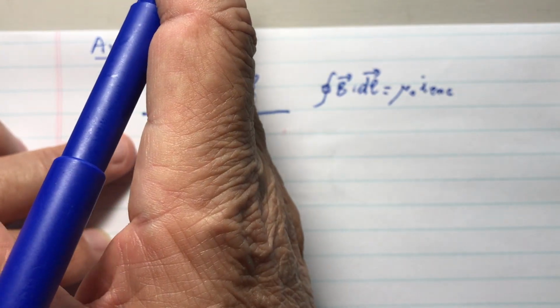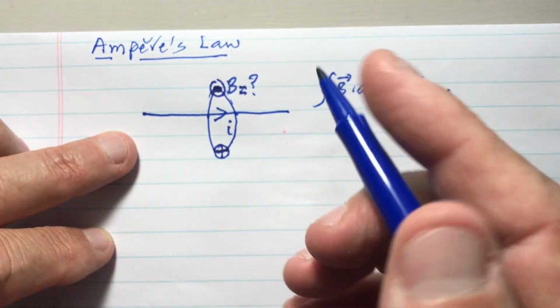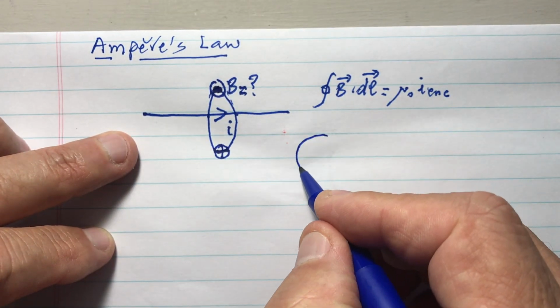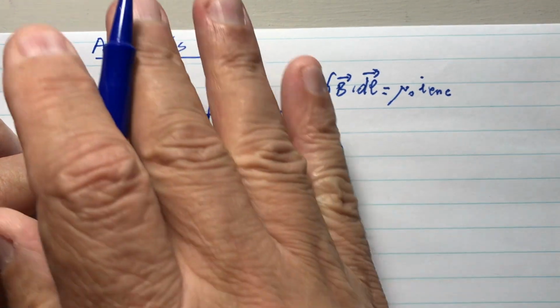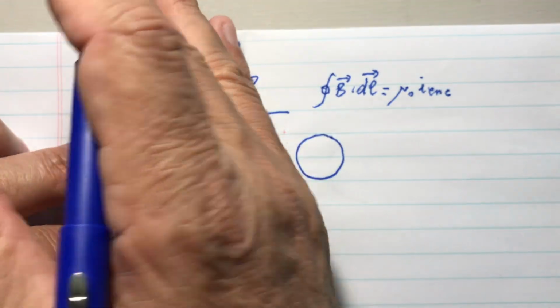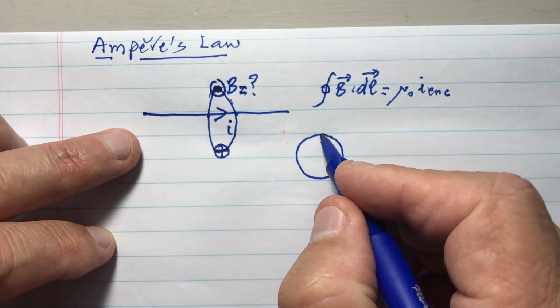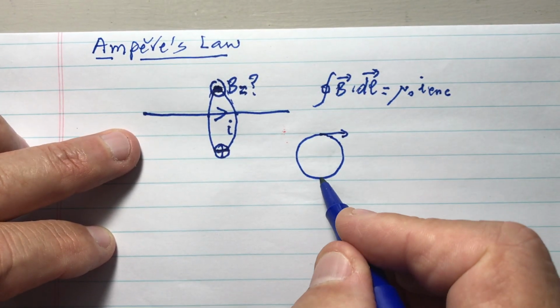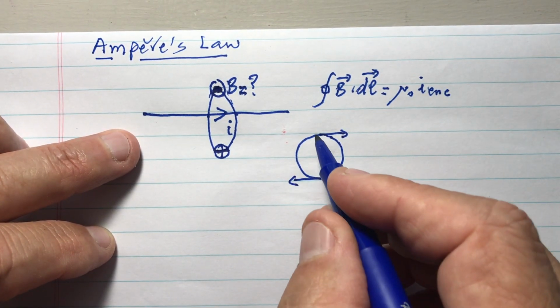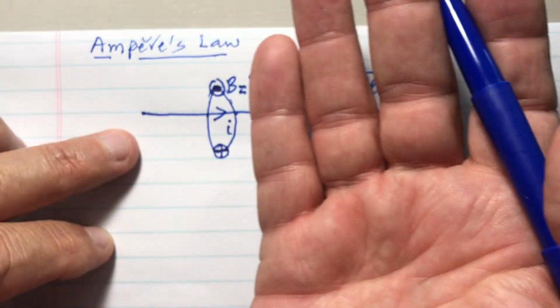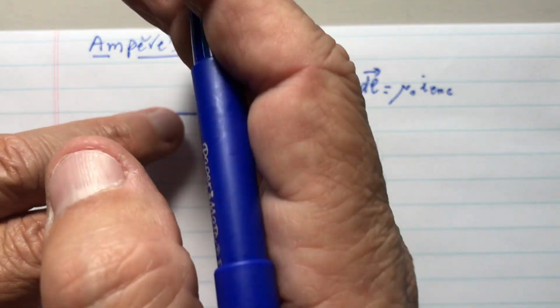If I make it flat like that, the B field will be going like this. If I turn the loop, the B field will be going like that.